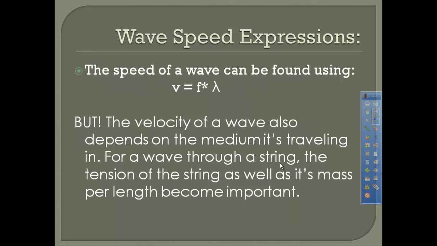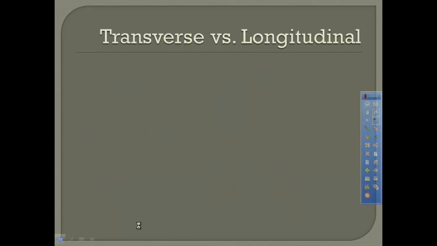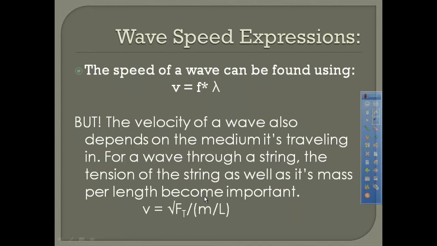For a wave through a string, the tension of the string becomes important as well as the mass per unit length. This makes sense because if the tension in the string is higher, then the speed will be higher. And if the mass per unit length is larger, then the string will have more inertia, so it'll be more difficult to get it to move, so your velocity will be smaller.